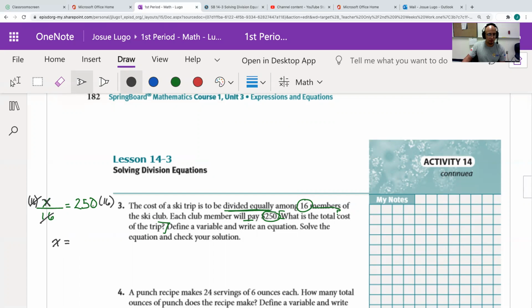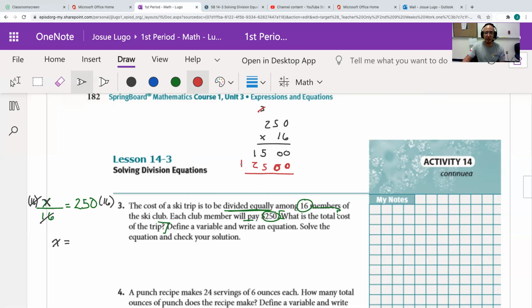X will equal whatever 250 times 16 is. 6 times 0 is 0, 6 times 5 is 30, 6 times 2 is 12, plus 3 is 15. Oh, sorry, we need to add the 0, and then 1 times 0 is 0, 1 times 5 is 5, and 1 times 2 is 2.